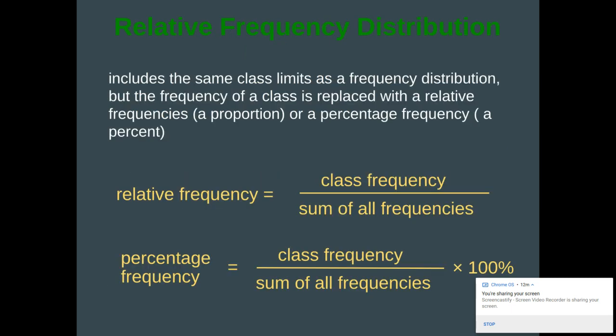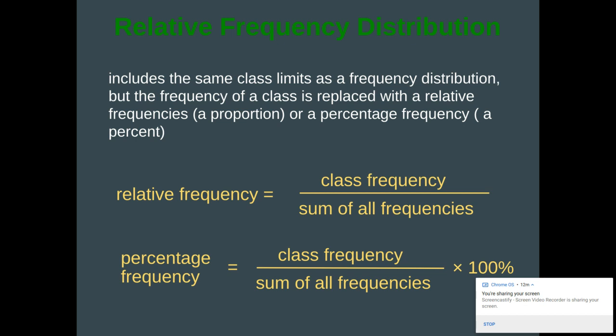The next thing we're going to talk about is a relative frequency distribution, or a relative frequency table. Okay. This is very similar to a frequency distribution or a frequency table. The classes are the same, the class limits and the width and the midpoints and all of those things, the upper and lower limits are the exact same as they were for the frequency distribution.